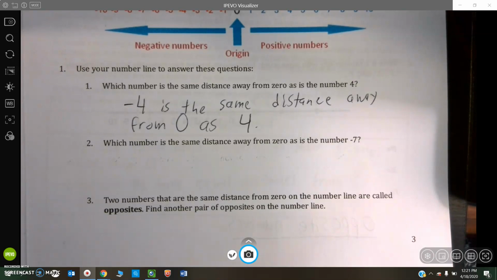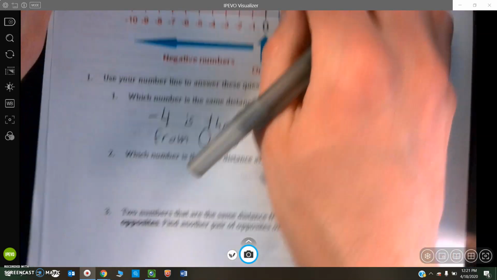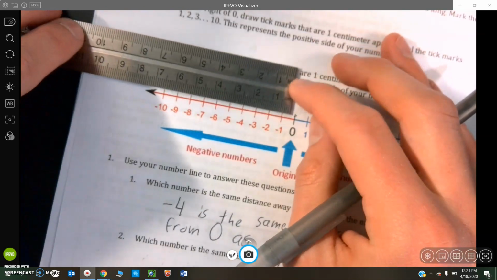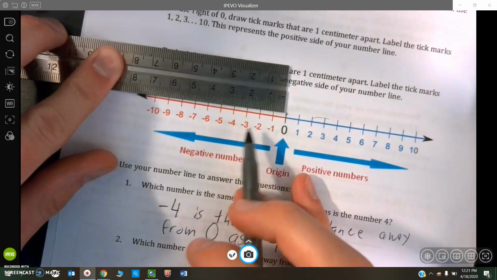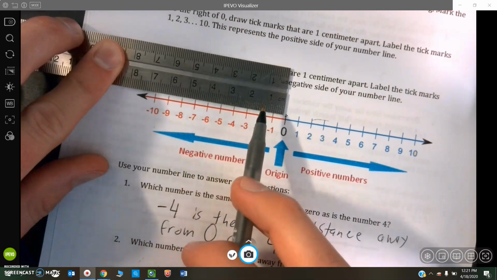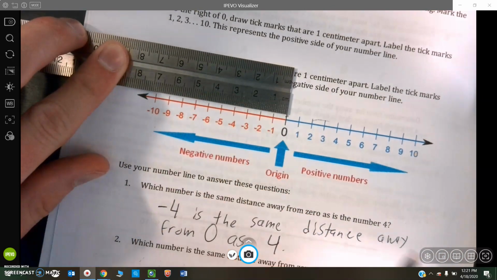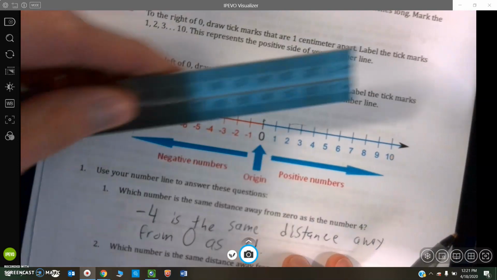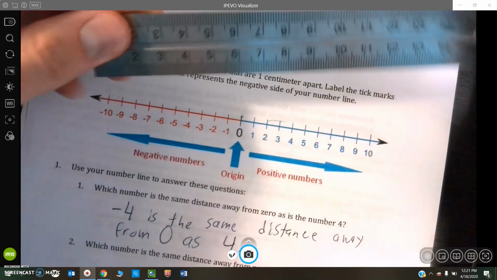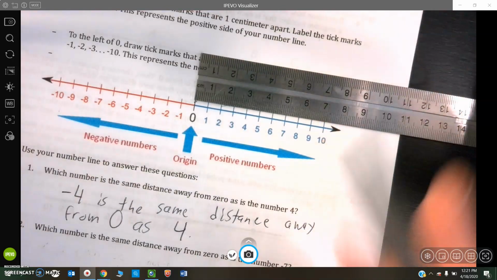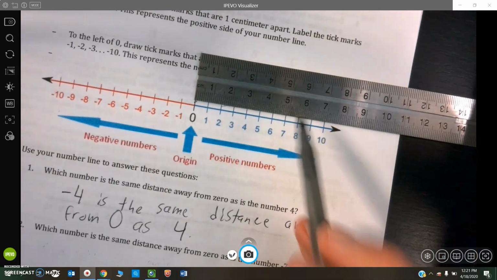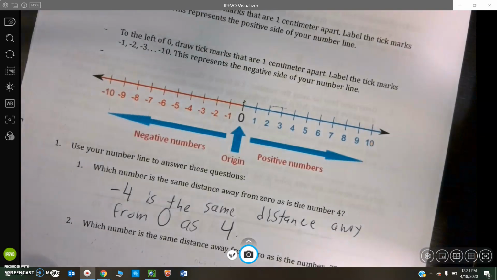Once again, we can pull out a measuring tool, and we can see that -7 is about 5 centimeters away from 0. And then if we wanted to go the other way, it looks like +7 is also just shy of 5 centimeters away from 0.